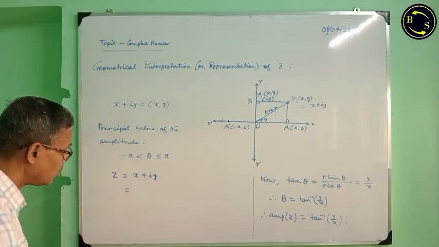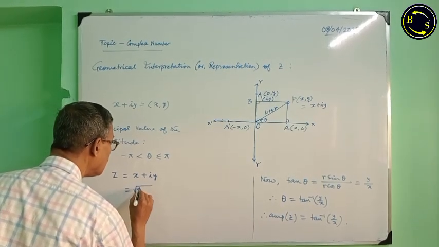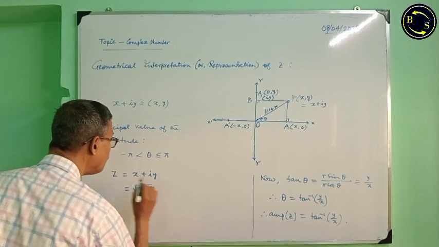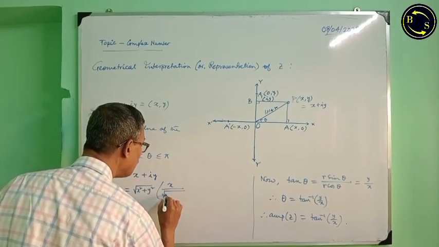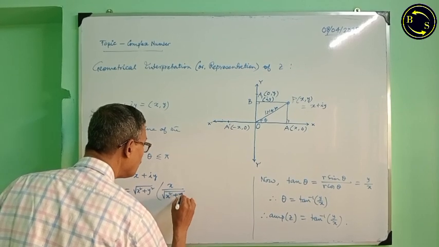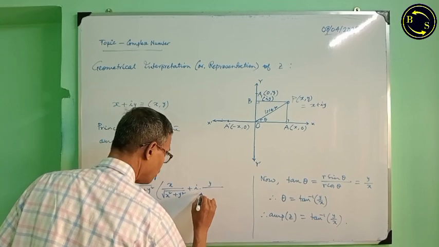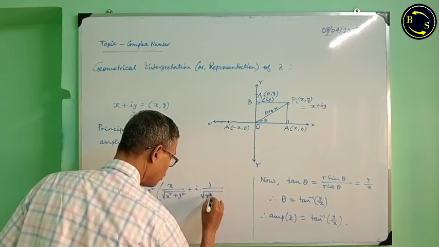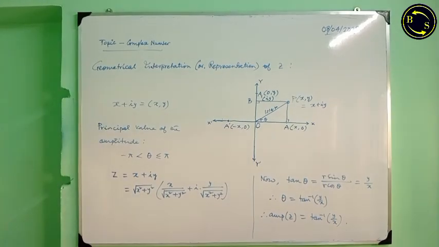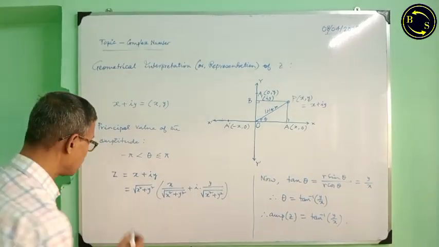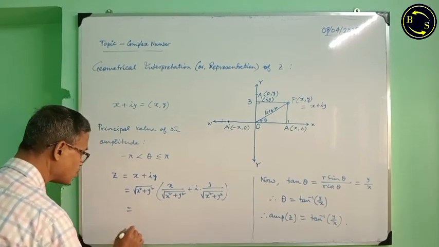Now we can write that z like this, and this is modulus.